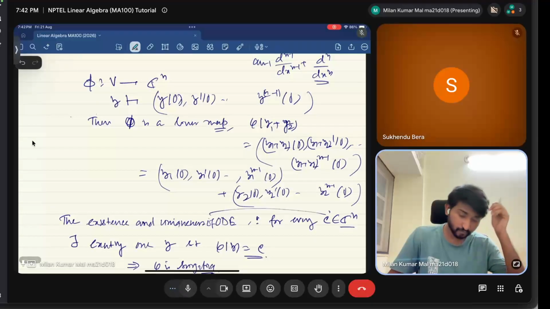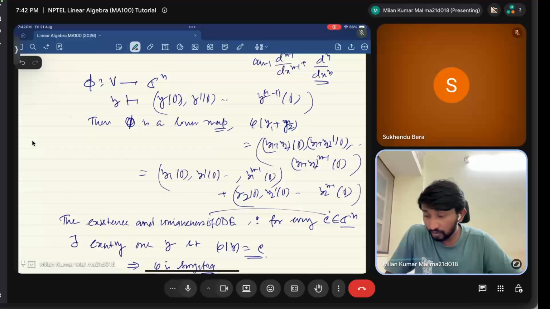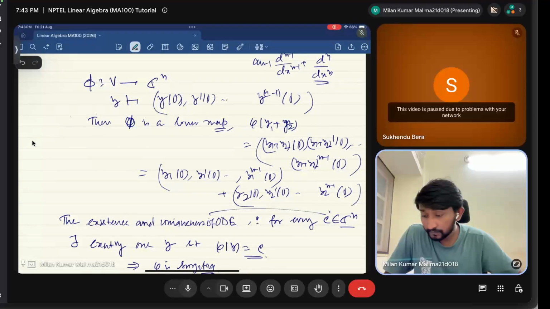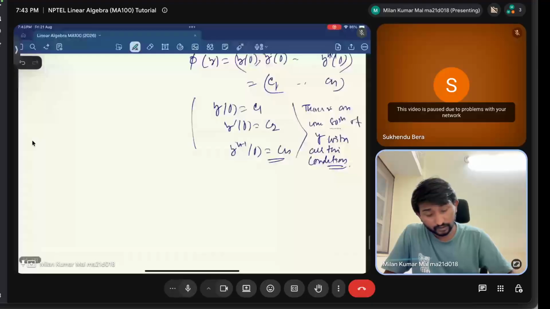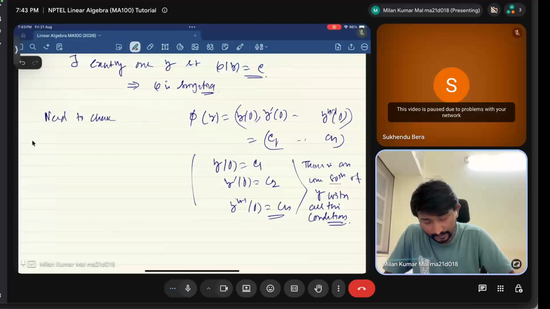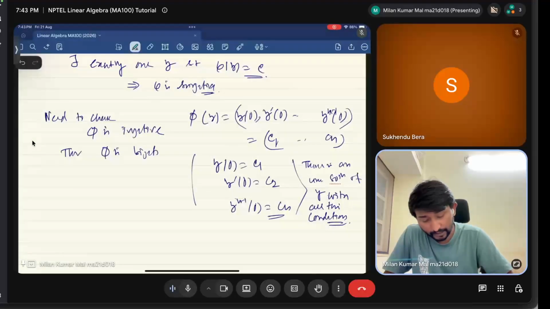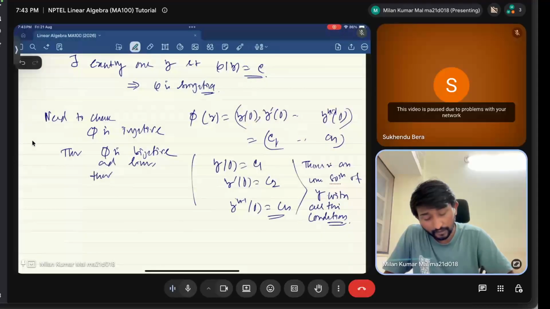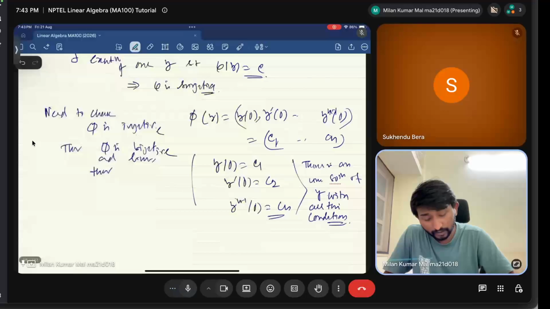If I want to show phi is injective, here one needs to check phi is injective, then phi is bijective and linear, then phi is an isomorphism.